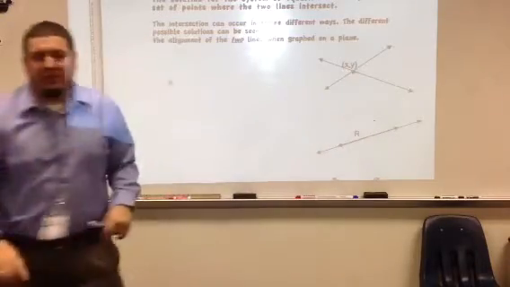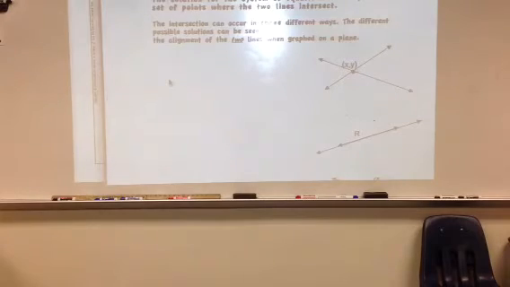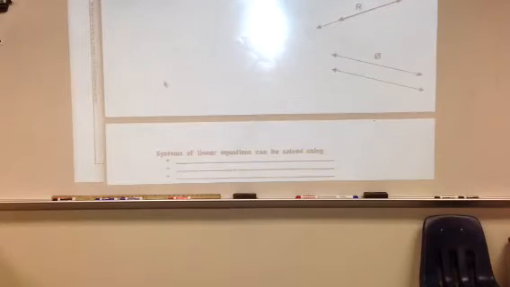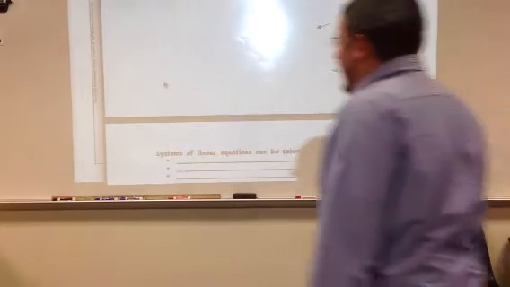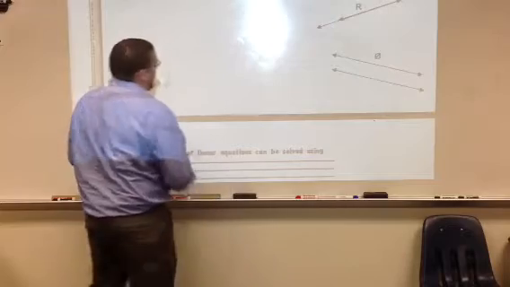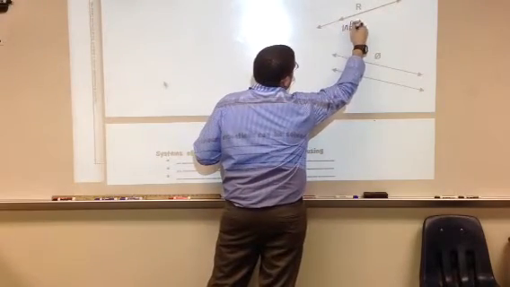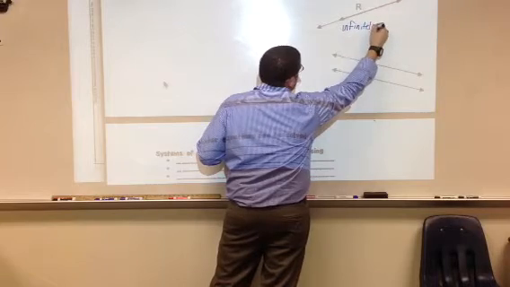Let's go ahead and move up to the next one. The next one can kind of look trickier than what it really is. We've already talked about this in class, we touched on it a little bit. The second one here can be looked at in a couple of different ways.